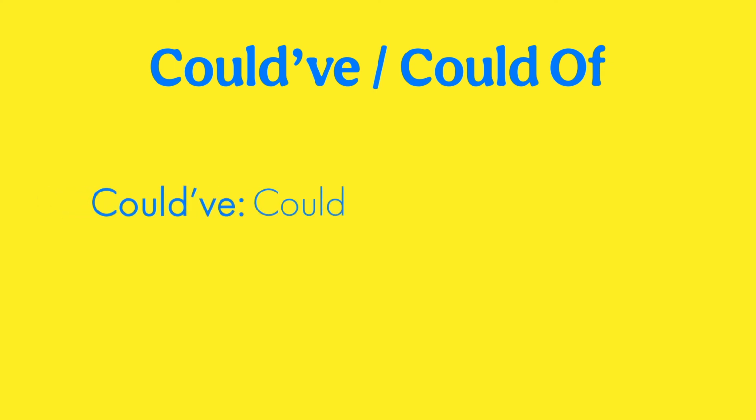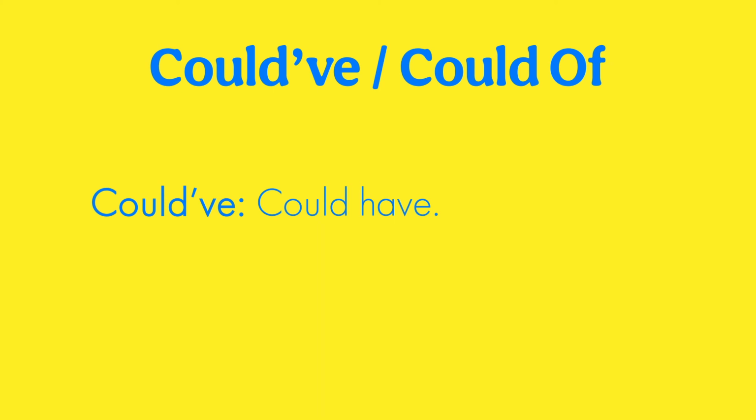Let's talk about could've versus could of. They sound the same to our ear, right? Which is why we mess them up and which is why the test tries to trick you. Could've, C-O-U-L-D apostrophe V-E, actually means could have. We pronounce it could've because it's a contraction, could have.